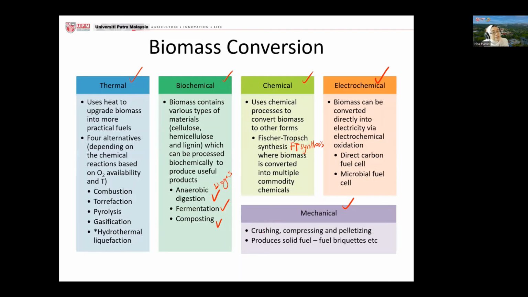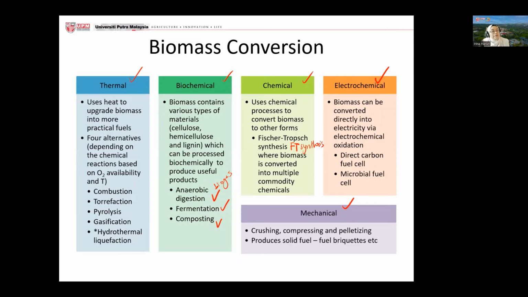If you still remember when I was talking about petroleum being processed into different chemicals, it's very similar to that. Instead of petroleum, it's biomass. So agricultural biomass, for example, can be chemically converted to different types of chemicals.